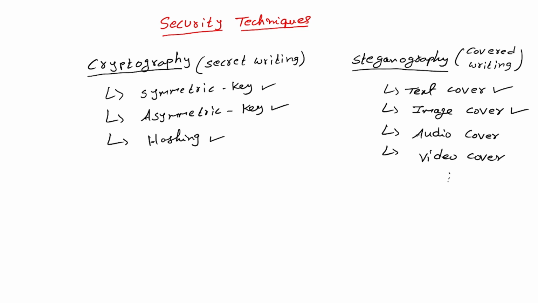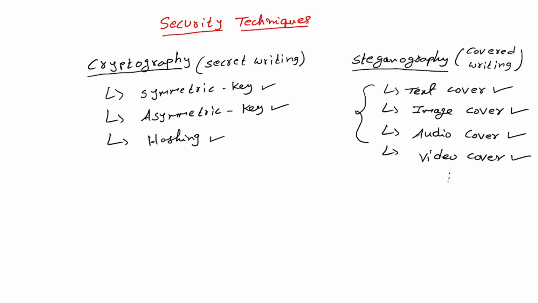In those 8 bits we select either LSB or MSB and cover the secret message in the image. Similarly, we embed the secret message in audio and video. These are all used for hiding the secret message in text, image, audio or video.